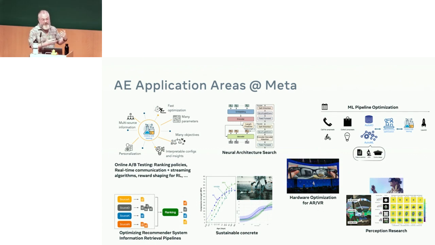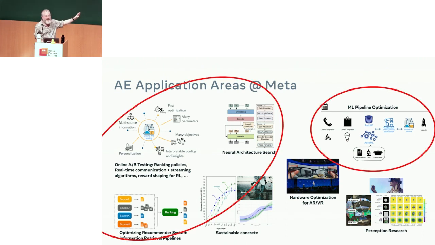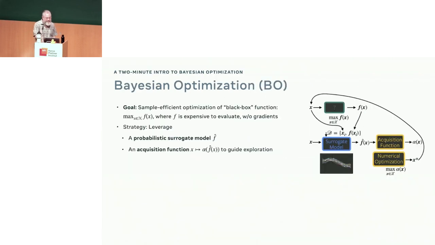So these are high-dimensional inverse problems, as well as active learning for things like perception research, which is important for how we design VR headsets or AR headsets. So it's very diverse. I'm going to be focusing on the AutoML aspects, but I think a lot of how we approach the problems is informed by a lot of these other application areas as well.